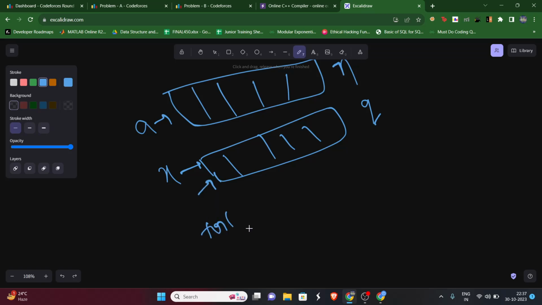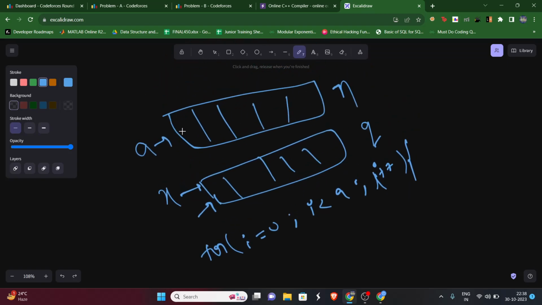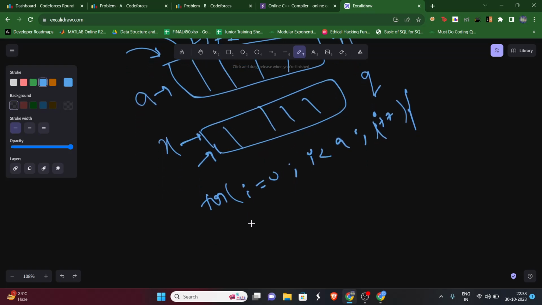Let's write it like this: for i equals 0, i less than q, i plus plus. Now, in layman's terms, we'll iterate over A: for j less than n, j plus plus.